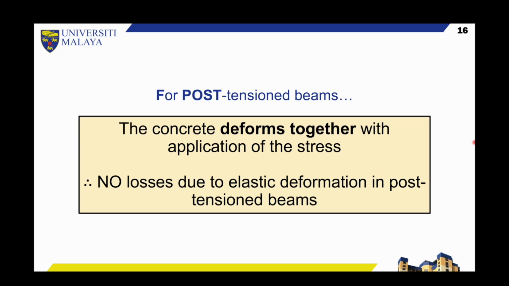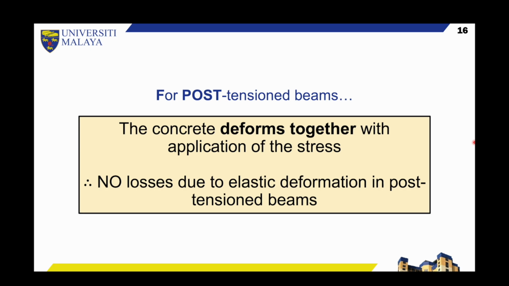You apply the pre-stressing force to the steel, which transfers that force to the concrete as the force is applied, not in steps as we saw with the pre-tension members.